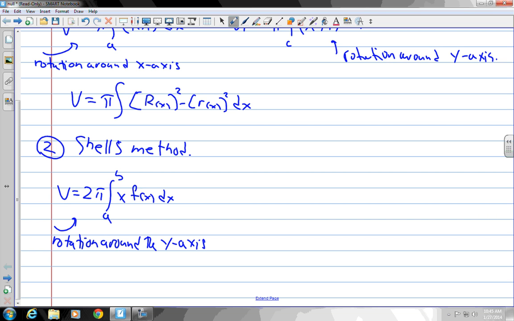So basically you just have to decide which integral is easier to do, dx or dy. Okay? And then you'll decide on the method. Or, you know, the similar thing. Maybe I should say g of y, not f of y. Different function. And this was rotation around the x-axis.